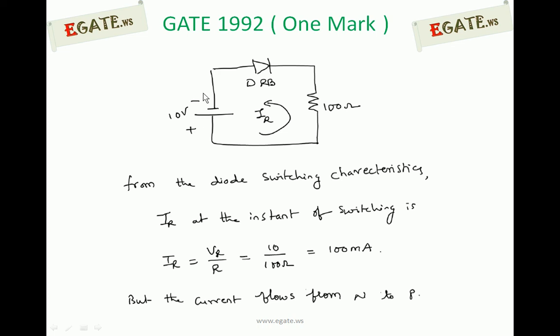So I_R equals V_R by R, 10 by 100 ohms, which is 100 milliamperes. This current is flowing from N to P. Because the diode is acting as a short circuit, no diode resistance is taken. So 10 volts by 100 ohms is the reverse current which is flowing.